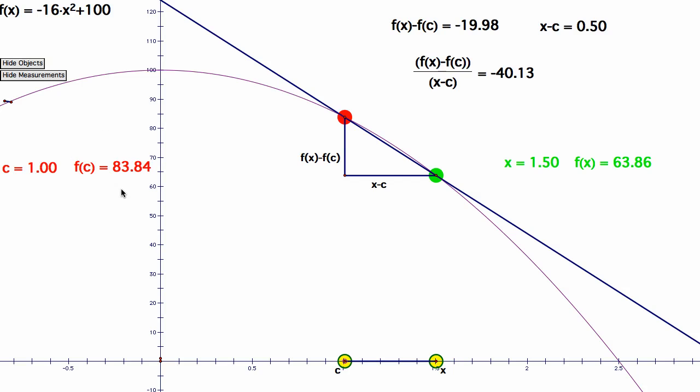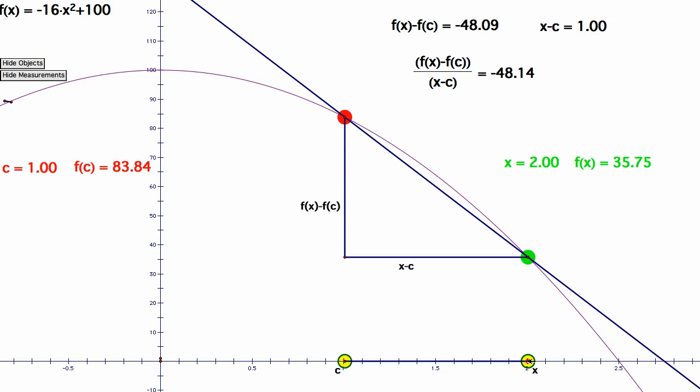So there's some rounding error occurring here. But basically, at 1 second, the height of this object is right around 84 feet. At time equals 2 seconds, the height of my object says 35.7 feet, but we know that if we plugged 2 in here, we would actually get back 36.